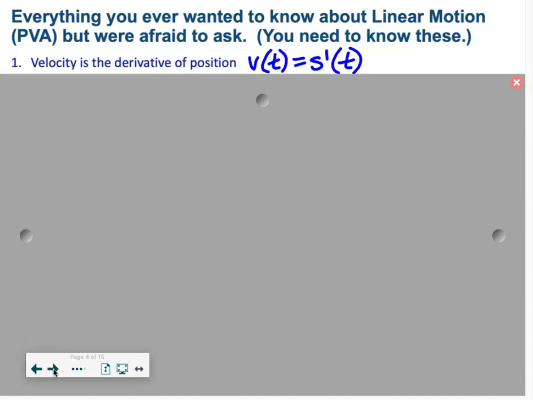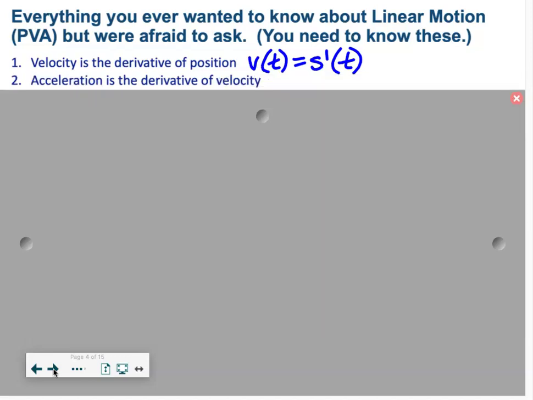All right, acceleration is the second derivative of position or first derivative of velocity, right? Okay, so acceleration is the derivative of velocity. So I'll write both of those. So we have A of t equals V prime of t, which equals S double prime of t. So acceleration is the rate of change of the velocity.